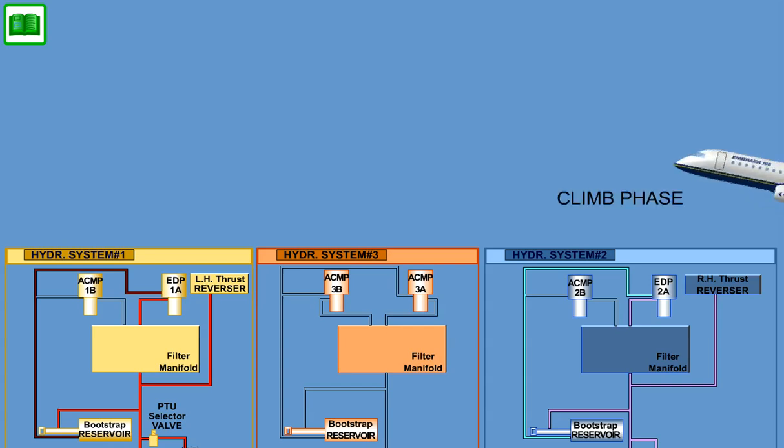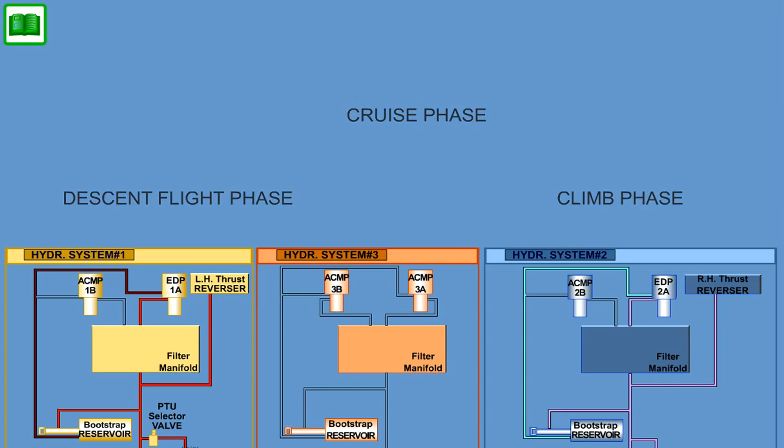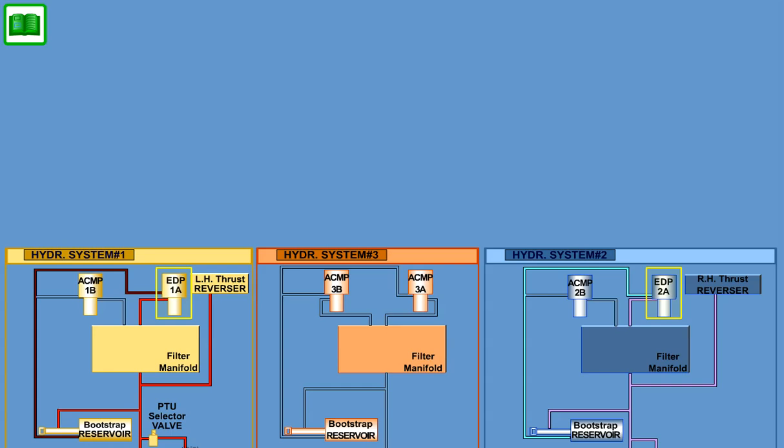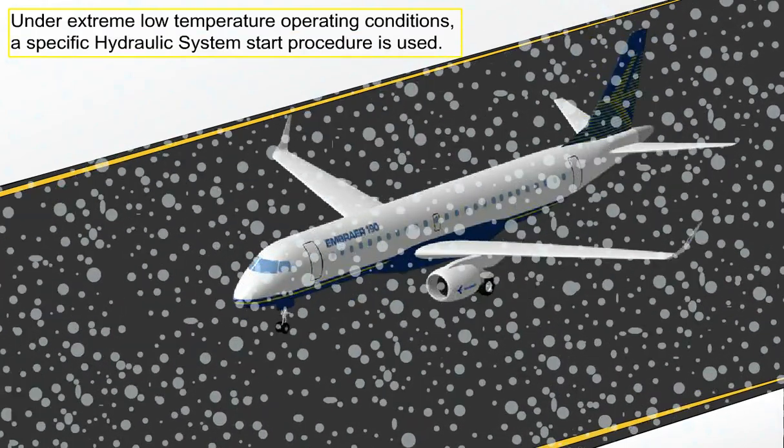During the climb, cruise, and descent flight phases, the hydraulic system uses only the primary pumps to provide the power required by the flight controls. Under extreme low temperature operating conditions, a specific hydraulic system start procedure is used.